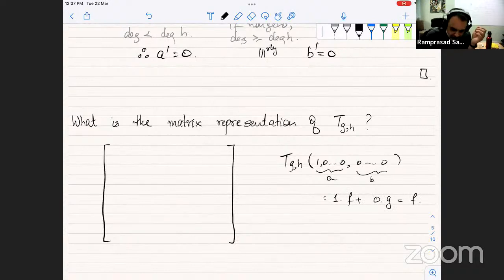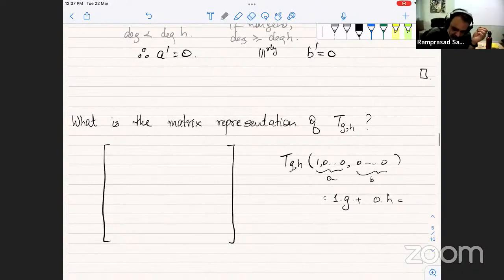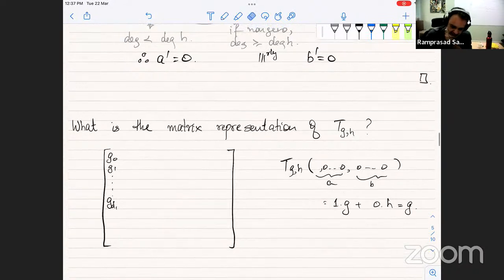Oh, sorry. I'd written G and H. Sorry, G and H. So therefore, this is equal to G. Right? So the first column is just going to be something like G_{D1}. Okay, now let's do the next thing.